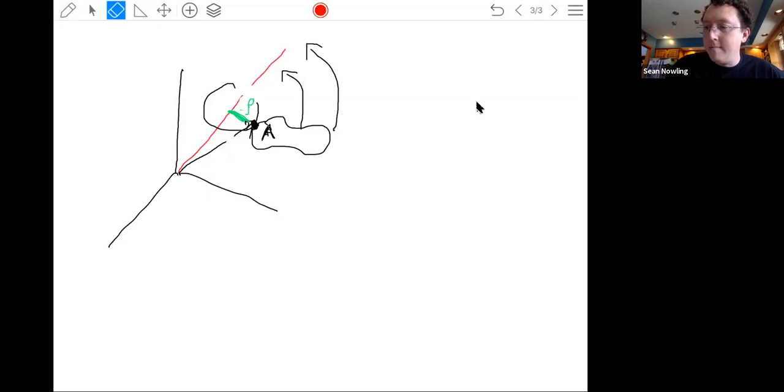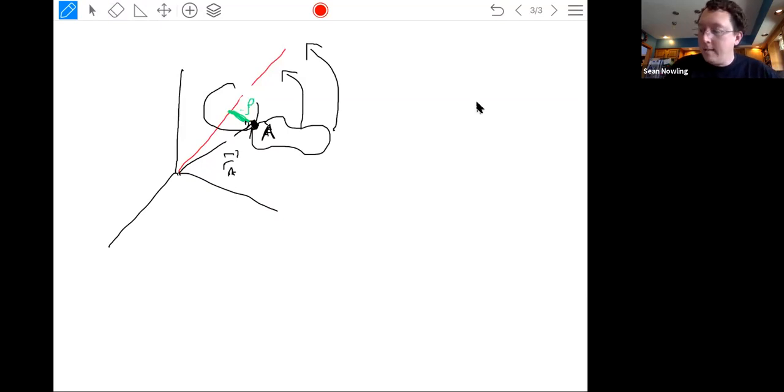I'm writing this on an iPad, and it doesn't help that my kids have dropped it, and it's got about five breaks across the screen. R sub A. So rho is the radius of the point A, and R sub A is the position vector of the point A relative to the origin.